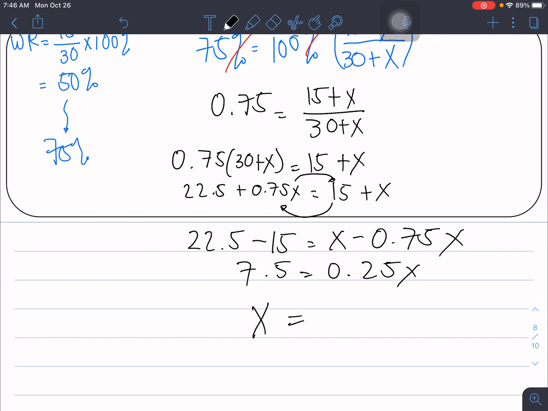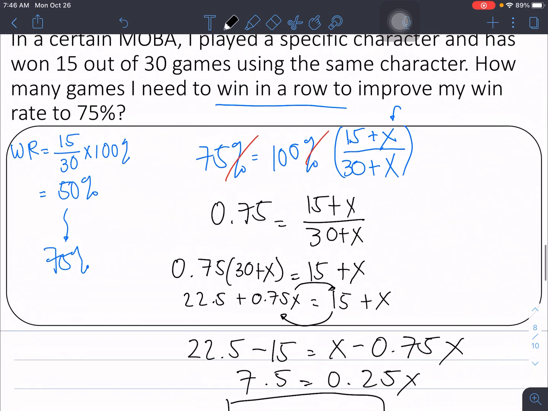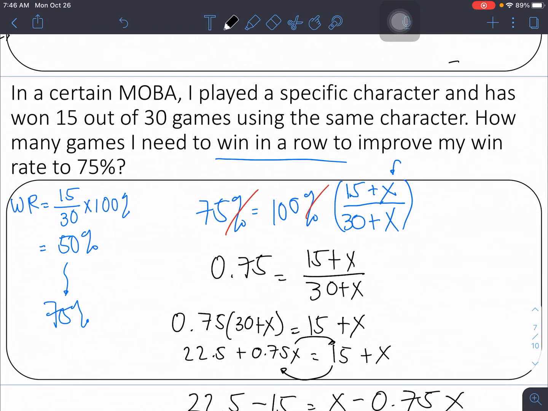30. Okay. So it means that I need to win 30 games in a row. 30 games in a row, for me to improve my win rate to 75%.